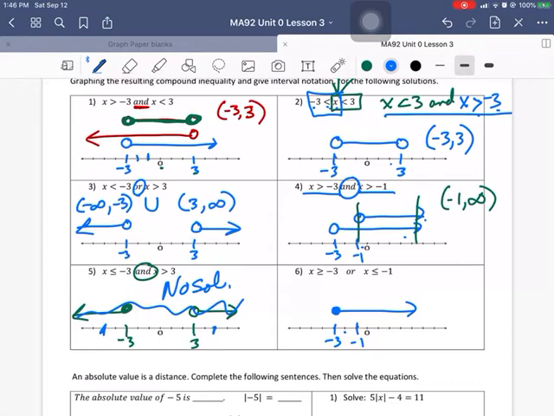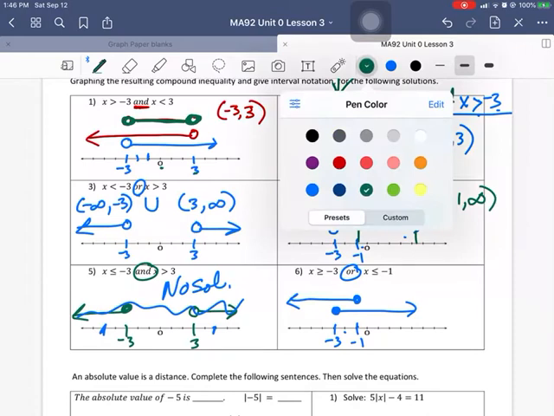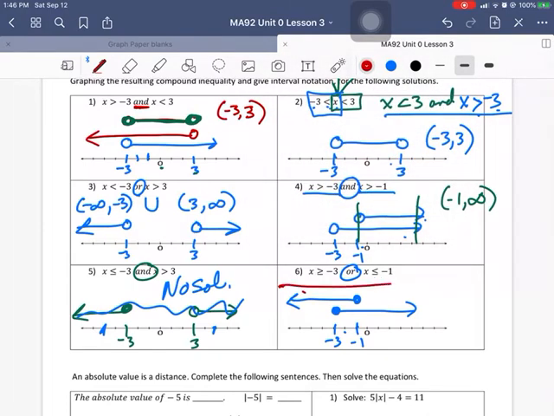And then less than or equal to negative 1, and it's an "or," which means it goes this way and this way, because these two overlap and it's "or." This is all real solutions.